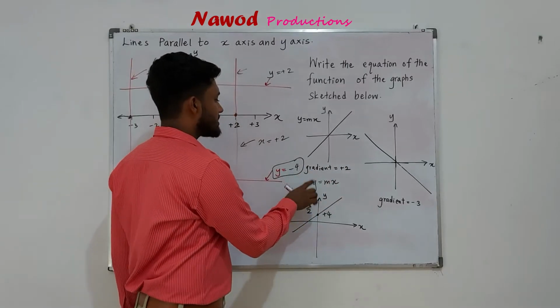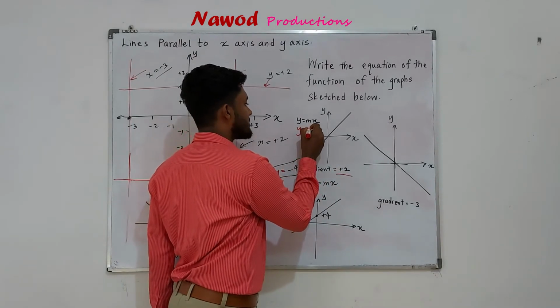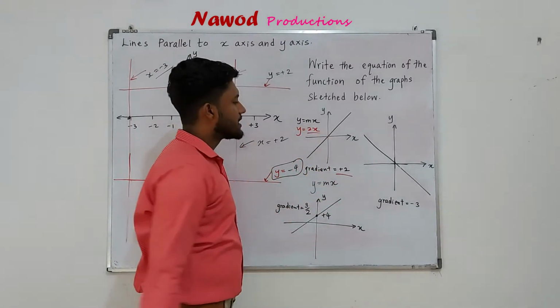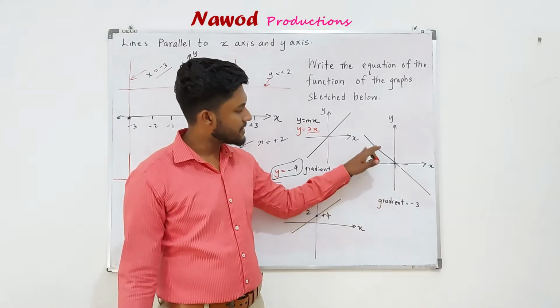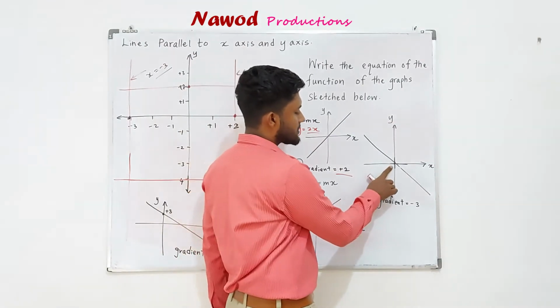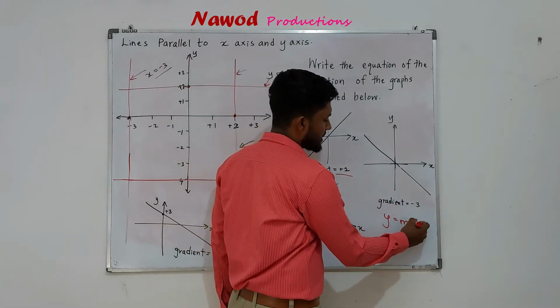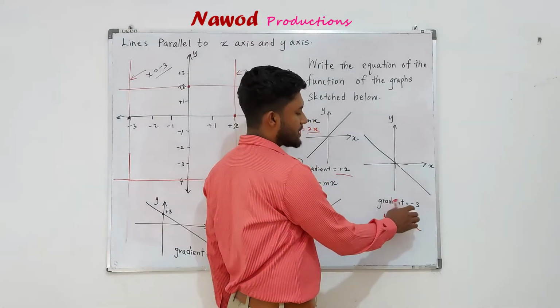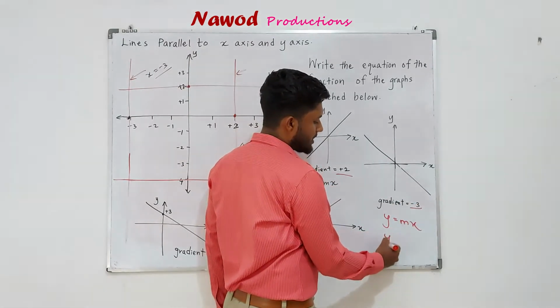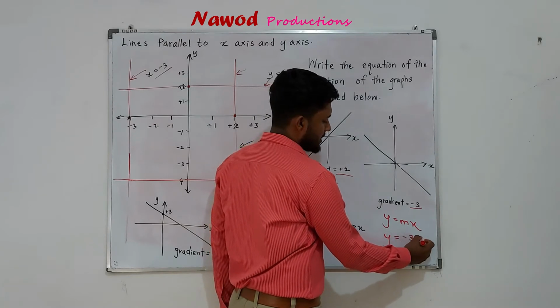You can get the gradient, they have given plus 2, then this is y equal 2x line. Then when considering this graph, it also passes the origin, so it is y equal mx. They have given the gradient minus 3, so y equal minus 3x.